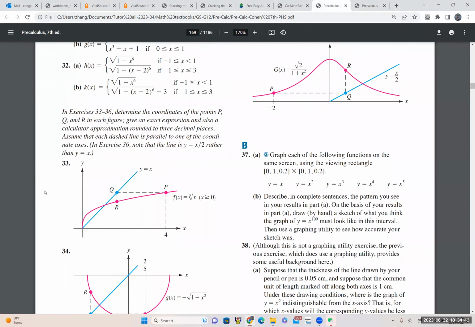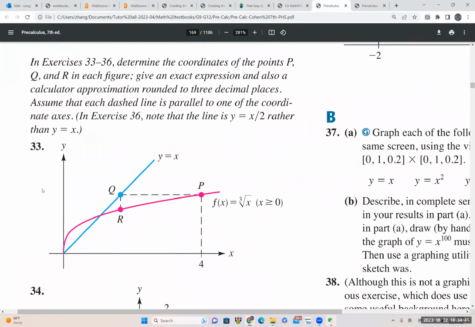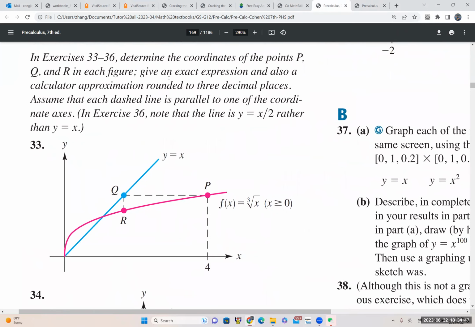What should we do? Determine the coordinates of the points P, Q, R in each figure. Give the exact expression and also a calculator approximation rounded to 3 decimal places.